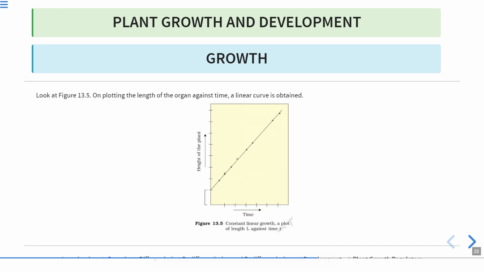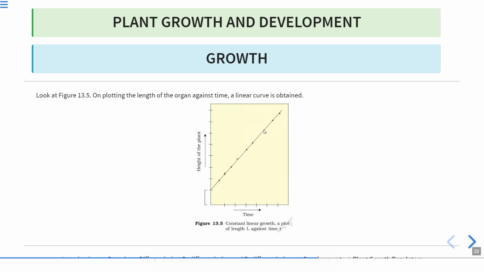Now, look at the figure here. The constant linear growth: if you see the growth of the apex of the root, how the root is growing down. At a particular interval of time, you just note down, say after 1 week, 2 weeks, 3 weeks, 4, 5, and 6 weeks. So this is the growth of the roots.